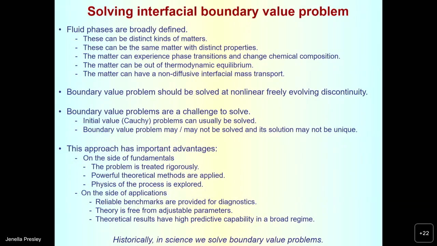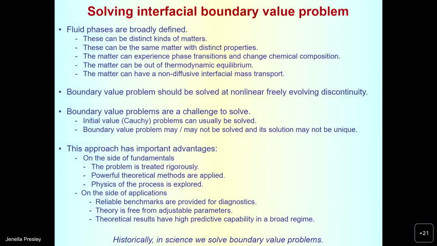This can be different kinds of matter. This can be the same matter with distinct thermodynamic properties. The matter may experience phase transition. It may also have changes in chemical composition, be out of thermodynamic equilibrium, or have non-diffusive interfacial transport. And as I mentioned before, under conditions of high energy density, we might have interfaces with significant, macroscopically observable fluxes at very tiny, thin interfaces.